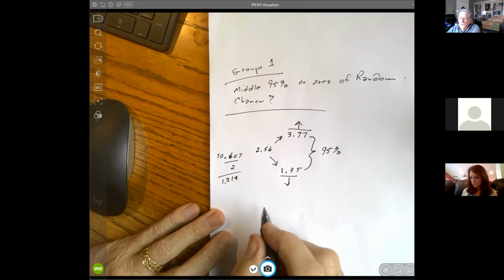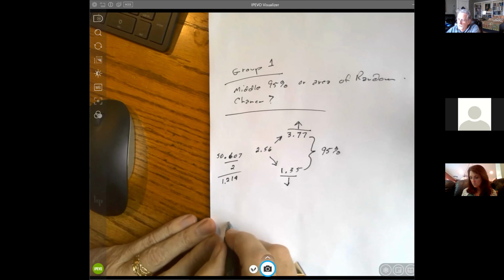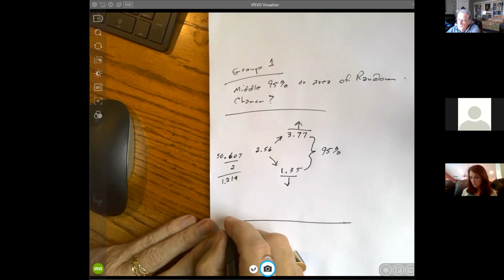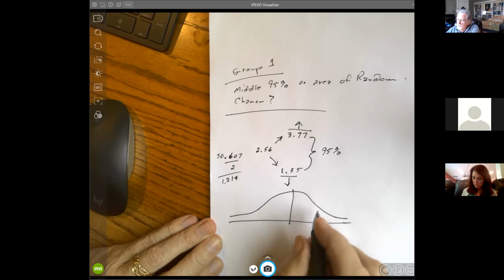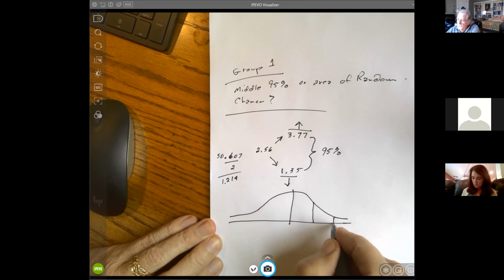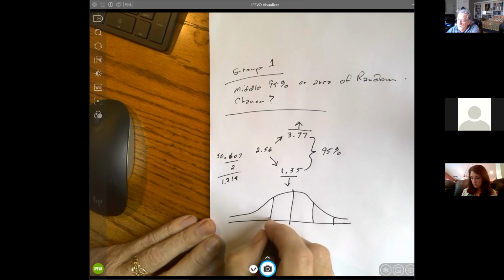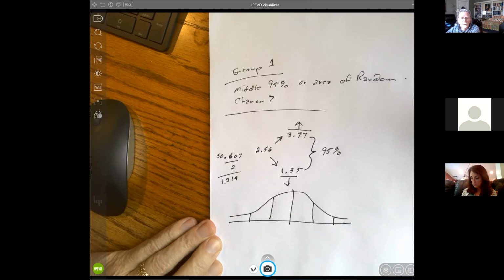So if we thought real quickly about a little normal distribution, the mean, 1, 2 standard deviations, the mean, 1, 2 standard deviations.